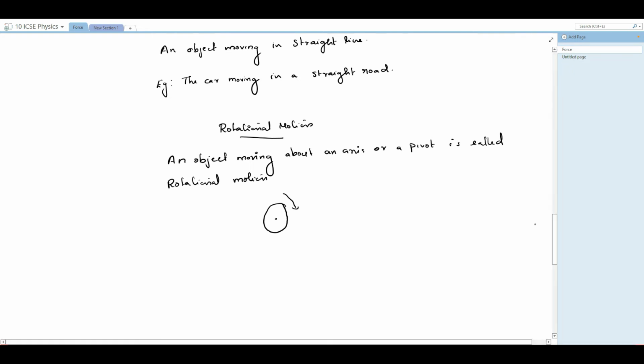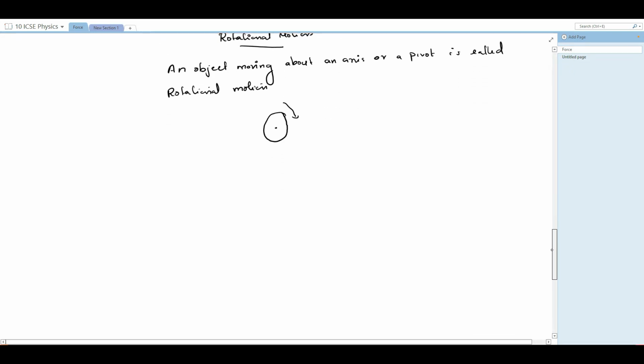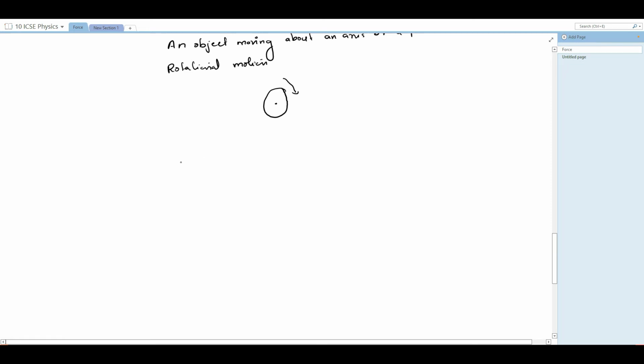Okay. Next one is moment of force, or another name for it is torque. What is torque, or what is moment of force? It is the turning effect of a linear force.